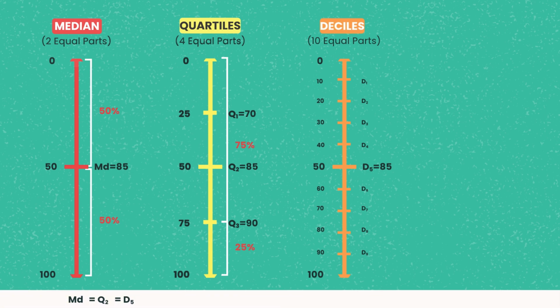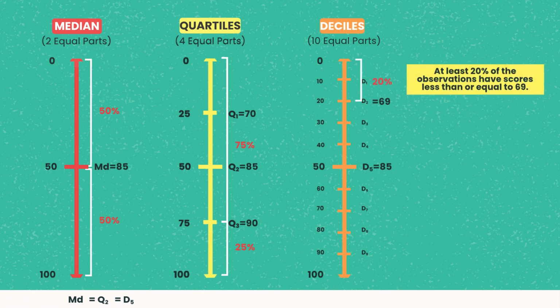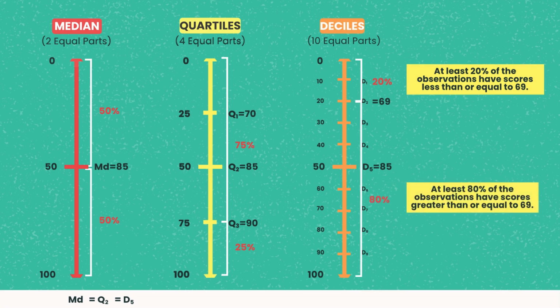Suppose that we compute for the second decile, D2, and get a value of 69. Its interpretation will be 20% of the observations have scores less than or equal to 69. Or, we can interpret the complement and say that at least 80% of the observations have scores greater than or equal to 69.